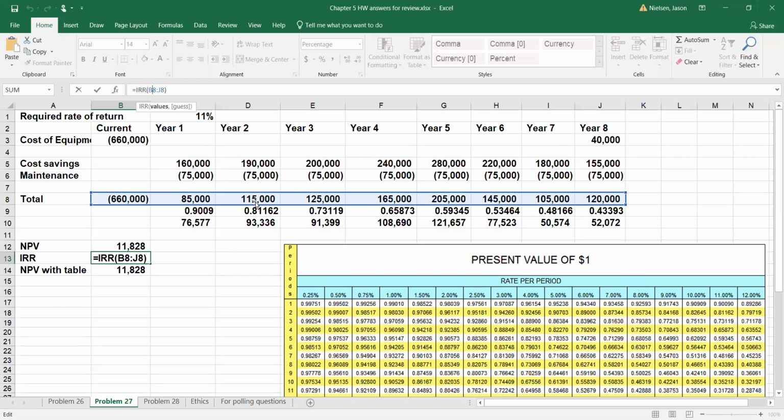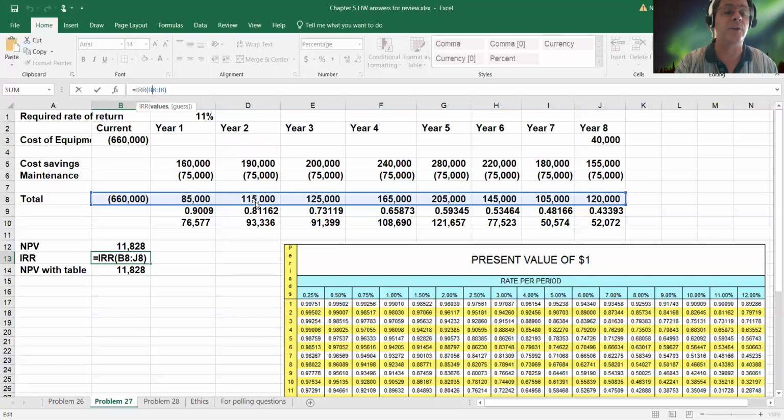Oh, yeah, I got it now. You got it? Yep. See, we're not worried about rounding errors, although we want it to look the same. And that's not an error. It's just the way Excel does it. I just want to make sure you're getting the right answer. And if you are, that's great.